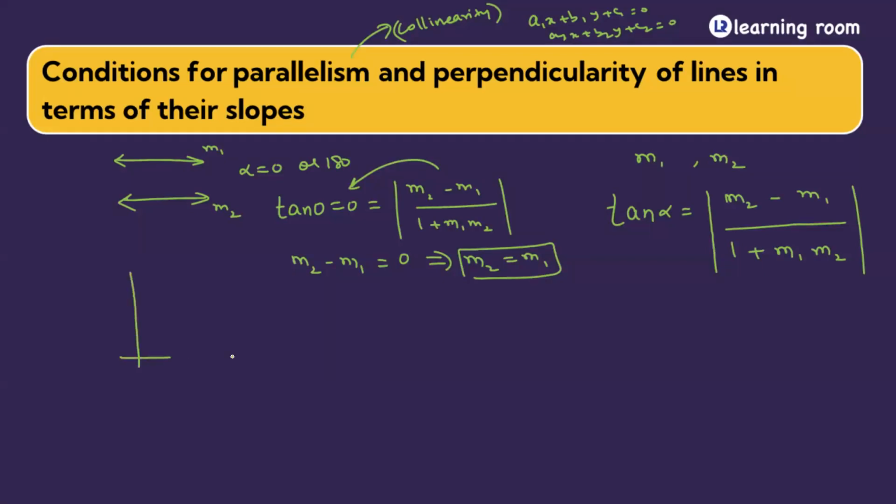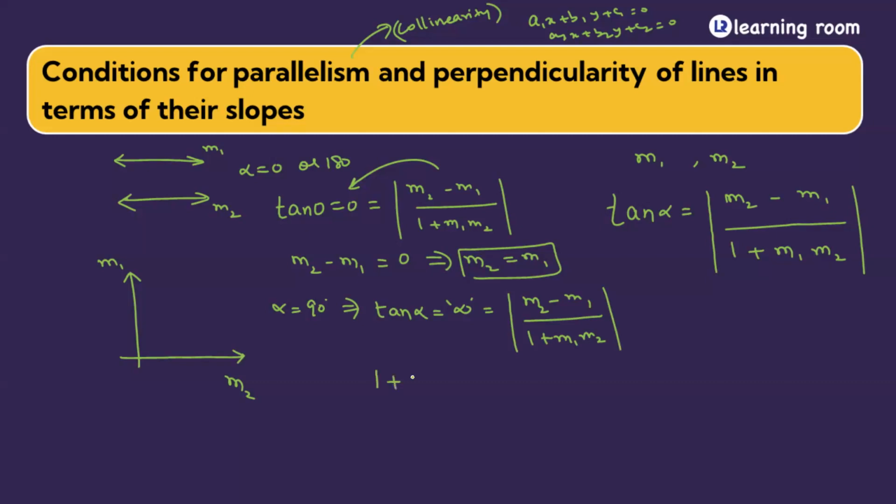Similarly, if those two lines are perpendicular to each other, with slopes m1 and m2, what is going to be the value of alpha? The angle between the lines is 90. So alpha is equal to 90 implies tan alpha is undefined. But tan alpha is equal to mod of (m2 minus m1) by (1 plus m1 m2). Remember, if a ratio has to be undefined, then the denominator should be 0.